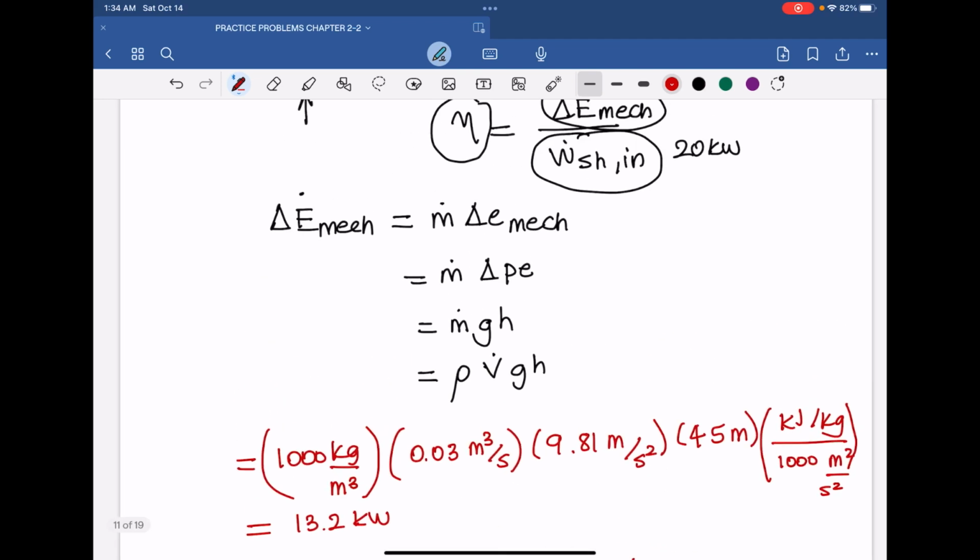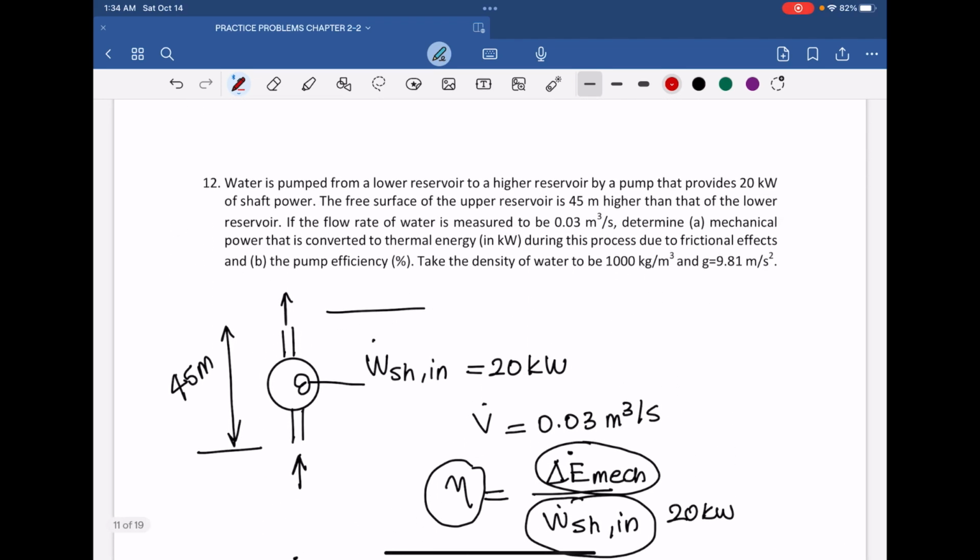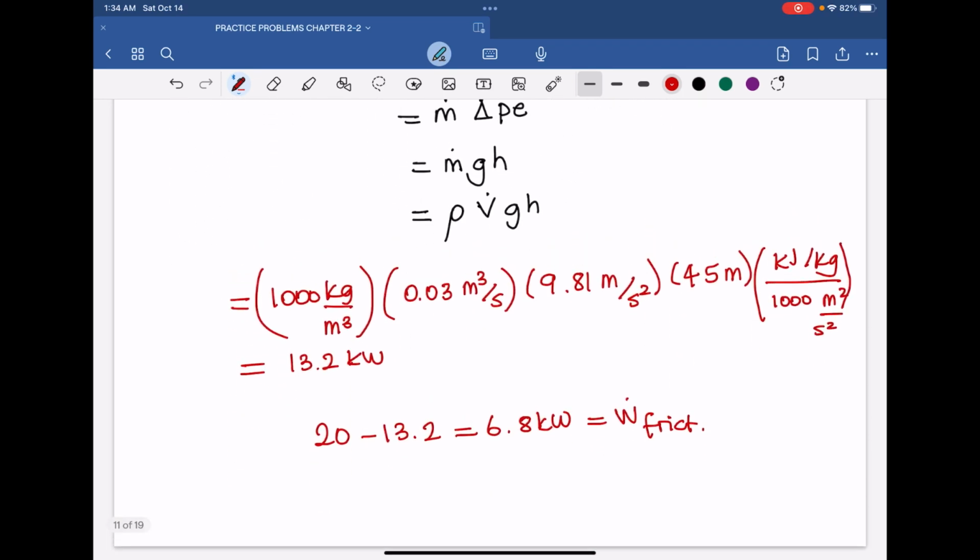Okay, but we can also calculate the efficiency, because efficiency of the pump is going to be basically 13.2 over 20. This is 0.66 or 66%.